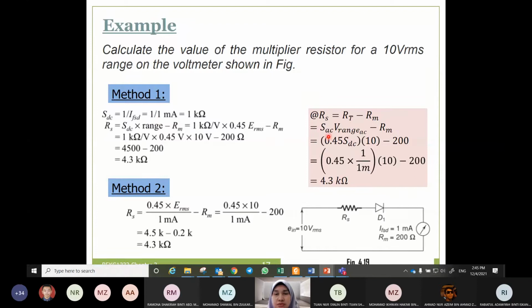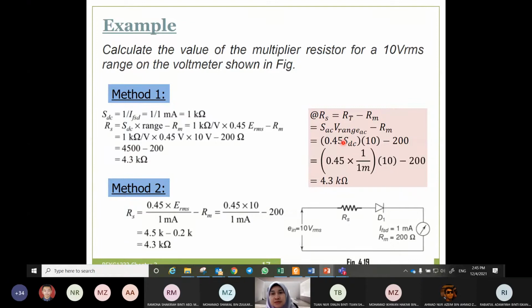Okay. So SAC, we know that SAC is equal to 0.45 SDC. Okay, because sensitivity for AC signal will be 45% of sensitivity for DC signal.